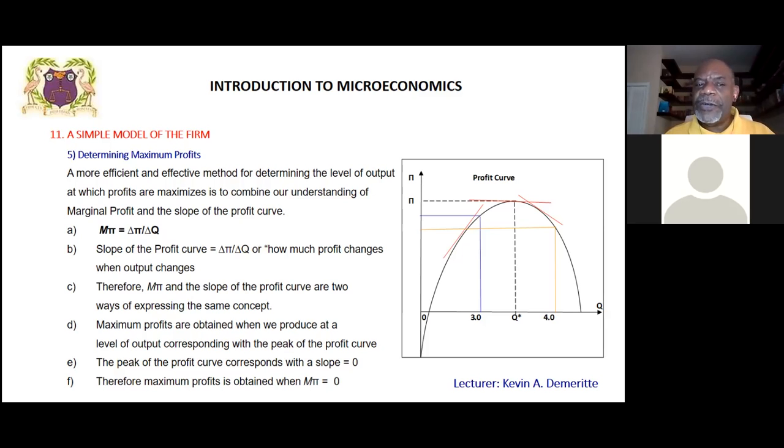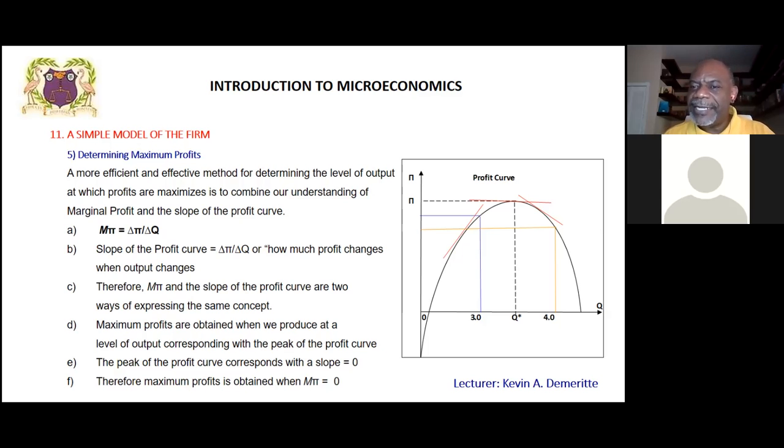We know marginal profit is equal to the slope, and marginal profit therefore must be equal to 0 at the top of that curve. So if we can now fix in our heads that at the top of that curve, marginal profit must be equal to the slope, and marginal profit must be equal to 0.